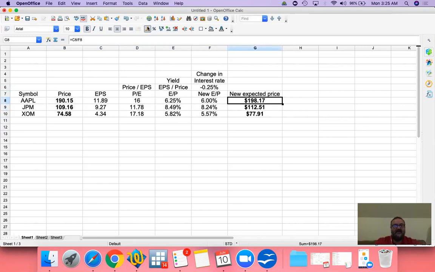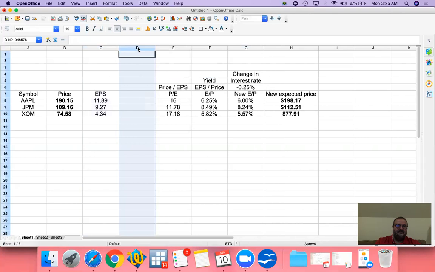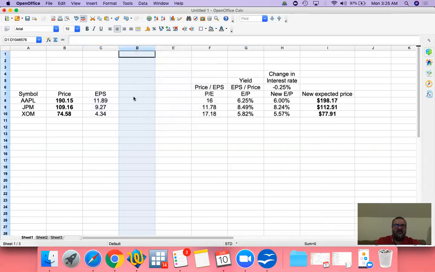So if we had invested in this, let's include a column, perhaps two columns. If we include share value, let's say we included 100 shares of each, and then we had this much invested.